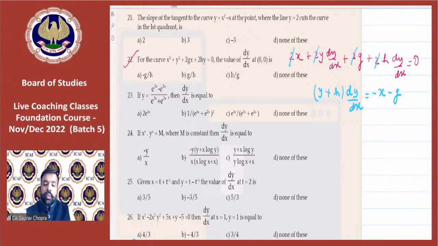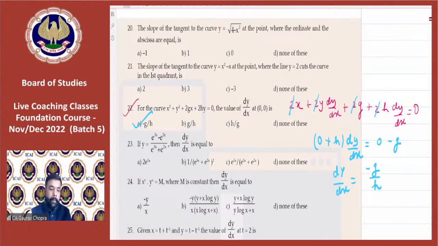So x is 0, y is also 0. Both of them are 0. So finally, dy by dx is equal to minus g upon h. That is option number A.